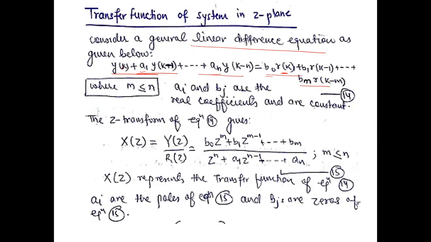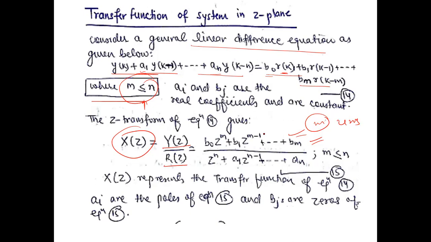Now, if we apply Z transform here and rearrange this equation, we will get X z, which is nothing but Y z by R z. So it would be given by this particular equation, right? Where m is always less than n. M represents the number of zeros, and n represents the number of poles.